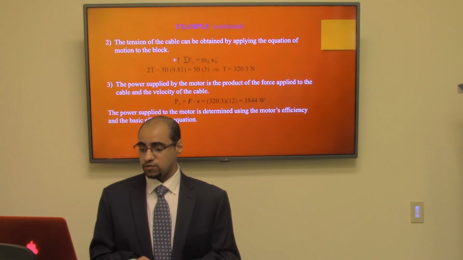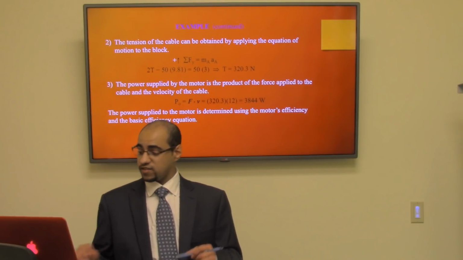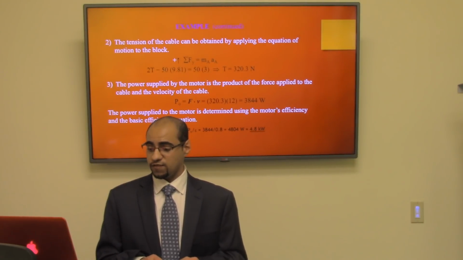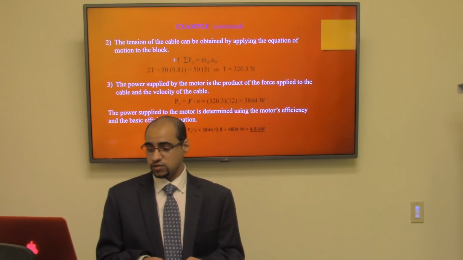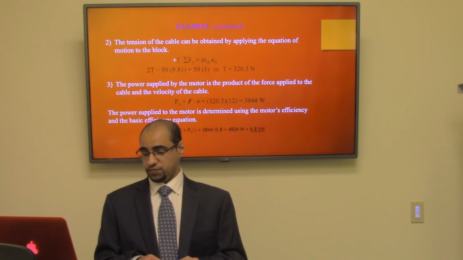The power supplied to the motor is determined using the basic efficiency equation. So the P input equals P output, the power, over the efficiency sigma.